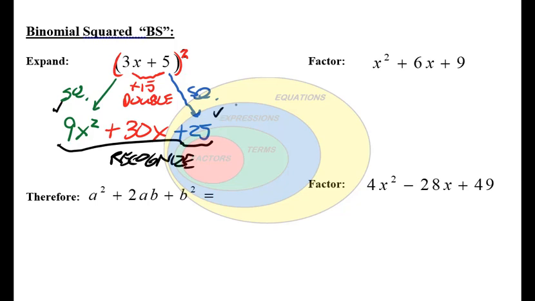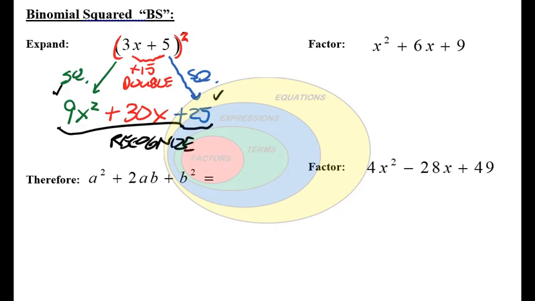So down here, I wrote an expression to generalize this. If I notice again, the first term has to be a perfect square, the last term has to be a perfect square, and then there is a middle term. This is what the middle term will be, but for all intents and purposes, we want to try to recognize this expression.